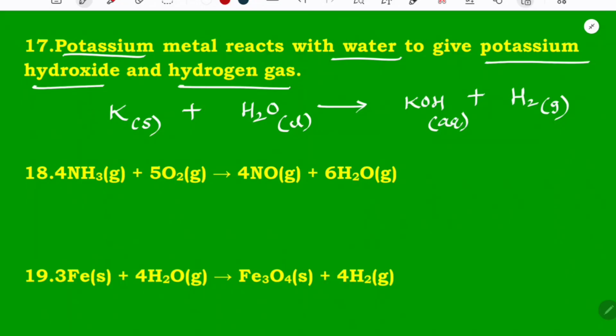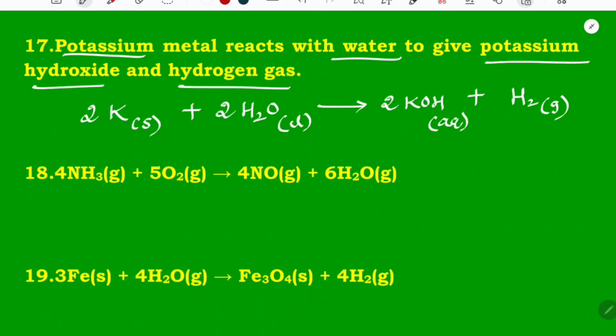Okay. 2 potassiums. Here, how many oxygens? 2 oxygens are there. Check. 4 oxygens, 2.